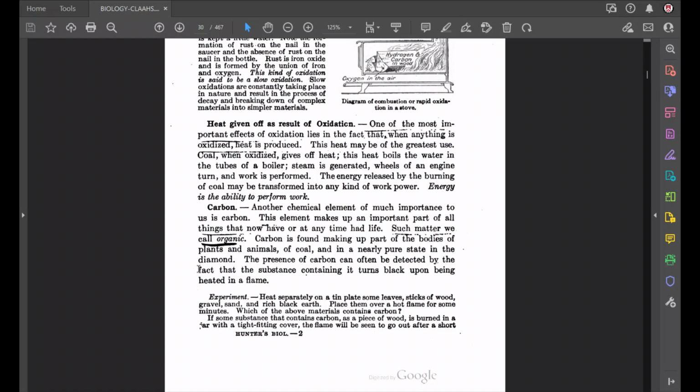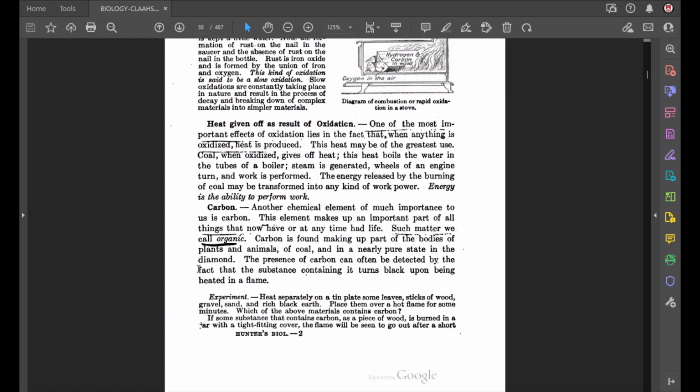Mix those things up, put them on a plate, and place them over a hot flame for a few minutes.